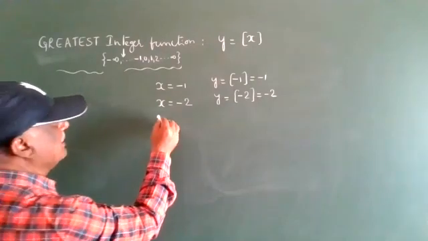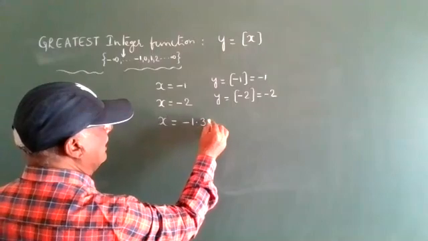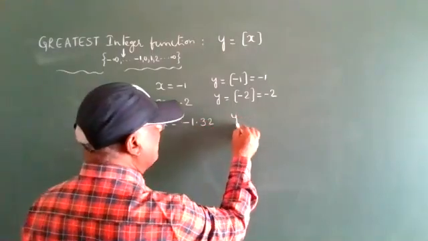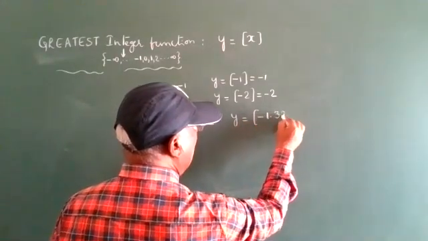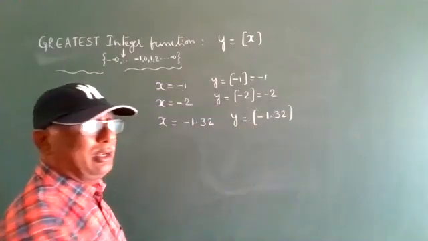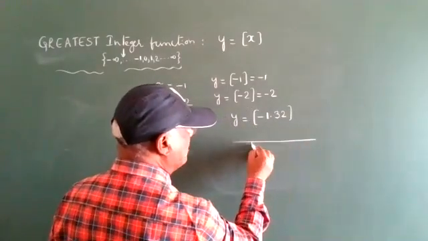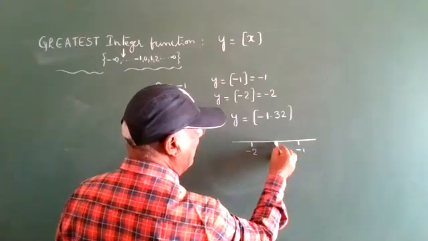Now for a decimal part, take x equals minus 1.32. Y is equal to the greatest integer of minus 1.32. The value lies between minus 2 and minus 1, in between.